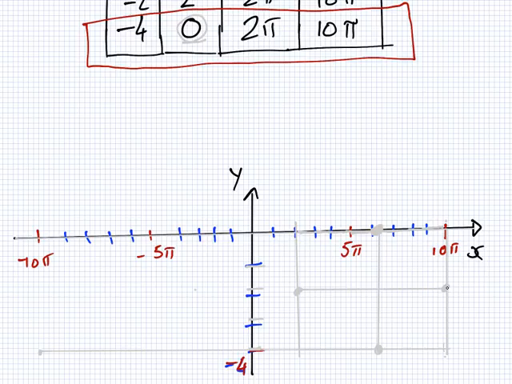Now I must copy this to the left and to the right. Nothing to the right, because I'm at the end. So to the left. 1, 2, 3, 4. Okay, so this is my next window here.